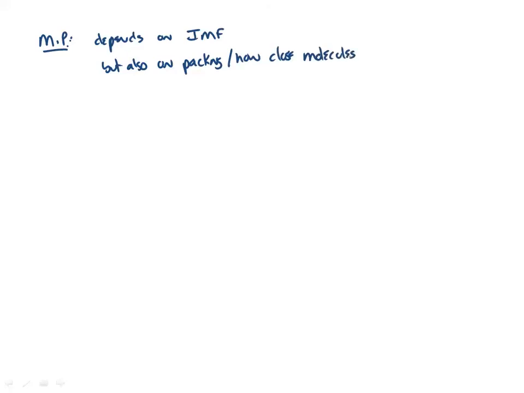So for melting point, remember that it depends on the intermolecular forces, but also on the packing, or basically how close the molecules are to each other. Because remember, melting points are really talking about vibrations and rotations.